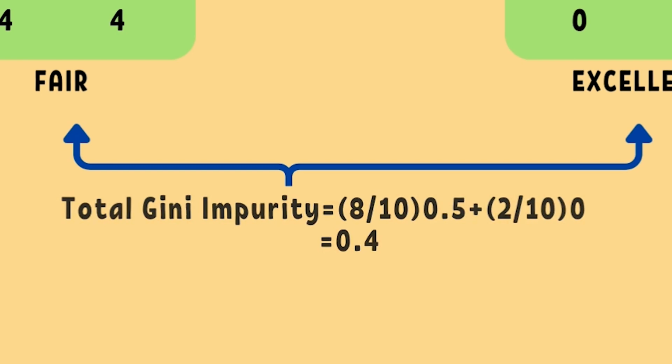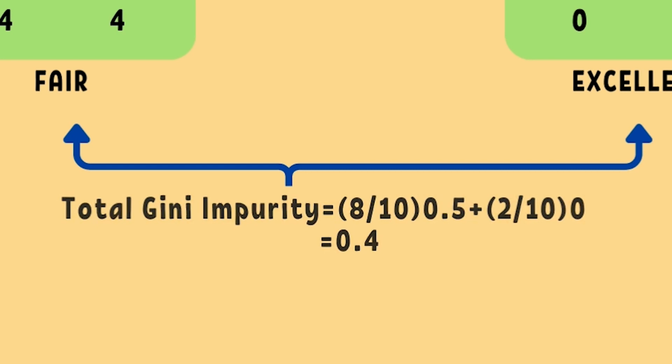The formula in calculating the total Gini impurity of the said data is: total Gini impurity equals the number of people of the current leaf node divided by the total number of people of all leaf nodes times the Gini impurity of the current node, plus the number of people of this leaf node divided by the total number of people of all leaf nodes times the Gini impurity of the current node, and so on. It depends on how many leaf nodes are in that data to add them all.